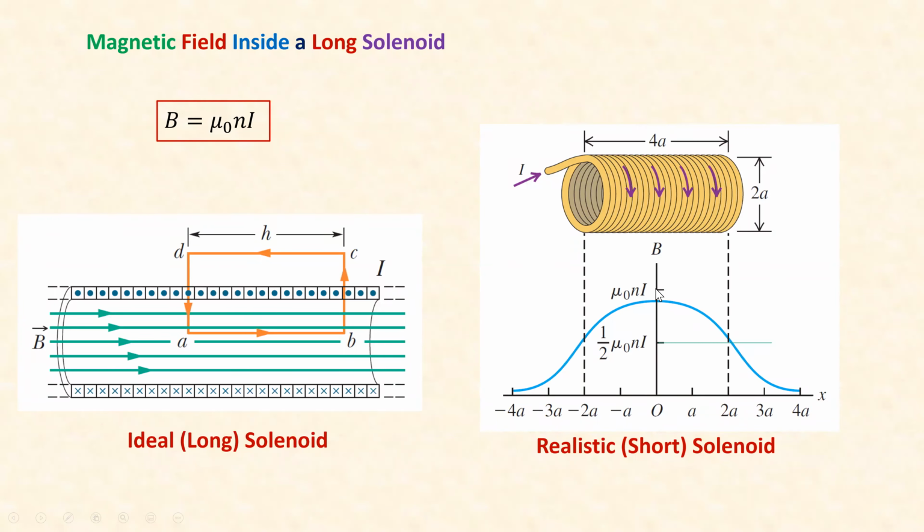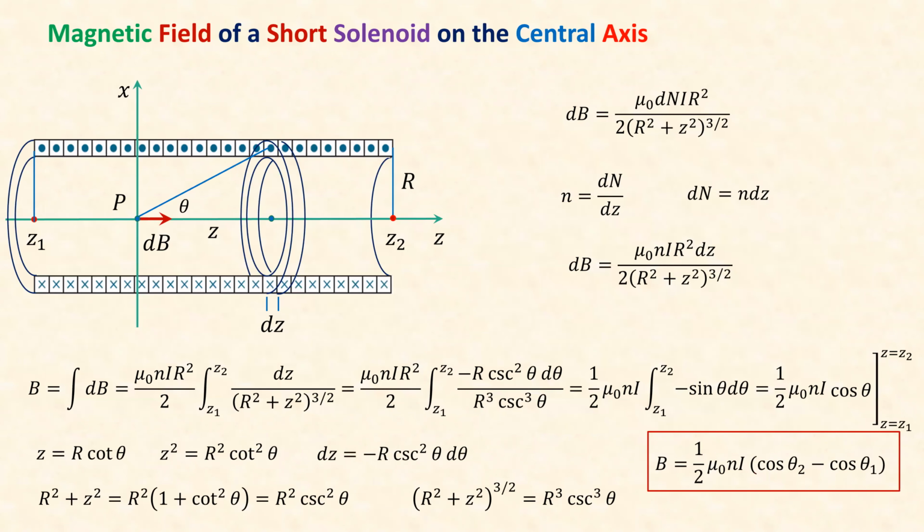It is almost the same as what this predicts for the ideal solenoid, but it is a little bit less because there is less current distribution, and it changes like that. All right, and then we did a step further. I calculated the magnetic field of a short solenoid on the axis of the solenoid.